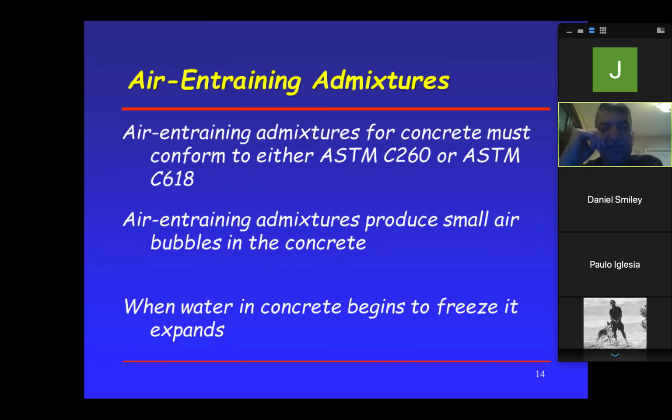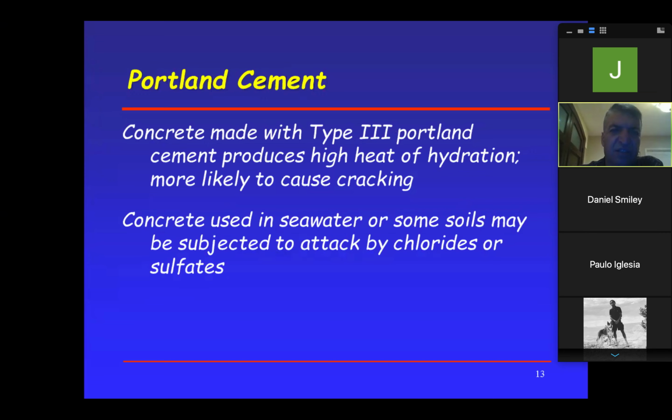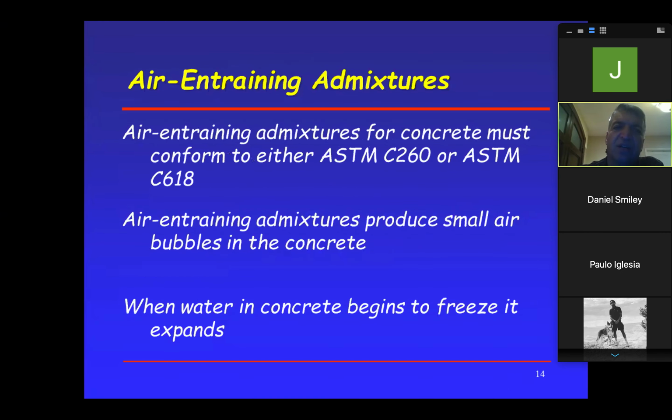All right. Now we just talked about the cement. Next, we're going to go to the air and the admixtures. Remember we said those are two ingredients? So what are air entraining admixtures? Air entraining admixtures for concrete must conform to either ASTM or a similar standard. We don't need to remember those.